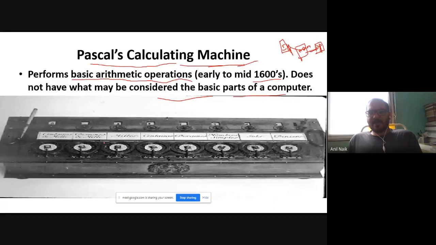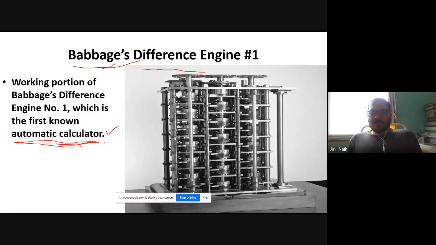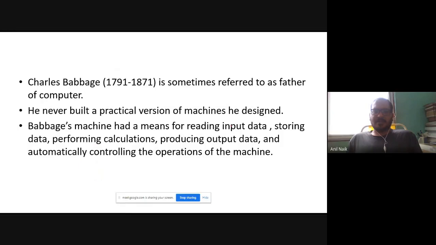The Pascal calculator was mechanical, but they improved it, and it is an automatic calculator. It is similar to our calculator, like 8 into 4, 32. Normally we do it in our calculator. In a similar way, they used such devices. Charles Babbage's difference engine, we call it the difference engine.